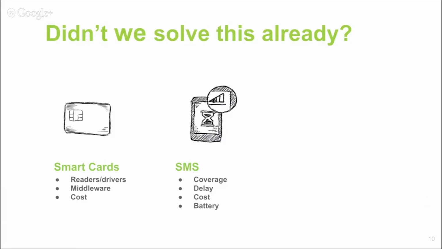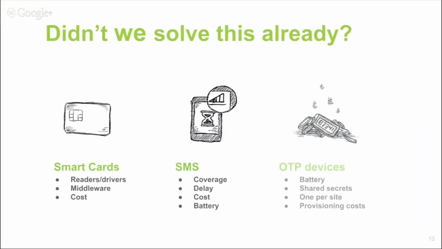Or, I mean, out in the woods? There's delay. There's no quality of service in SMS. There's cost. The cost to send SMS is a battery issue. You want to be able to access your accounts regardless of battery status on your phone, probably.